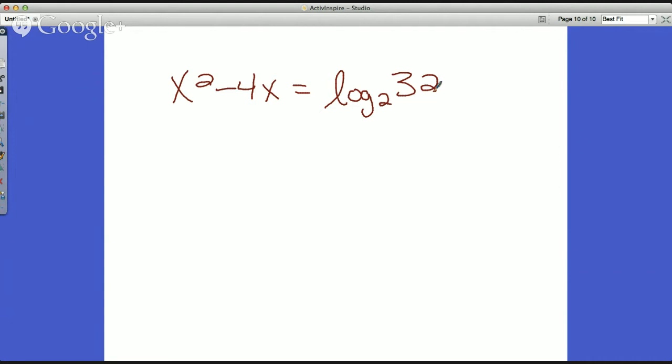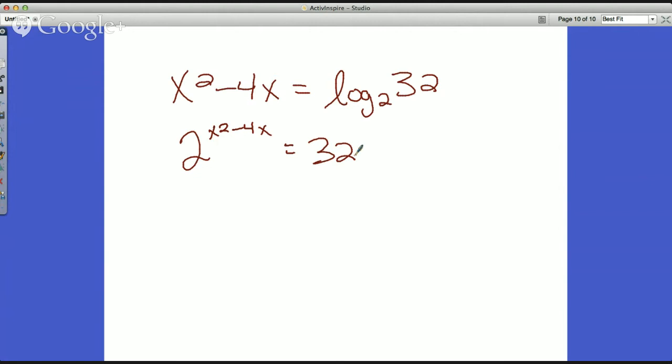If we change it to exponential form, we could do that, but that means we'd have x squared minus 4x as an exponent. Not necessarily a problem, let's do it. If I shoot the 2 over, I'd have 2 to the x squared minus 4x equals 32. So what do I do with 32 to have the same base as 2? That's 2 to the like 5th.